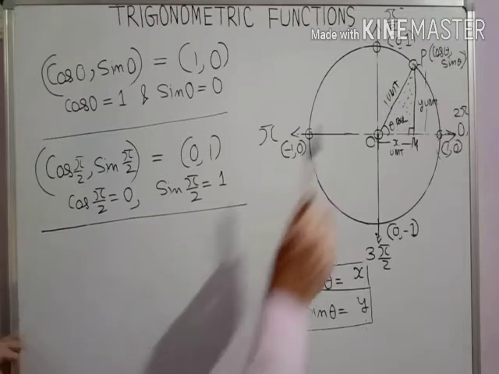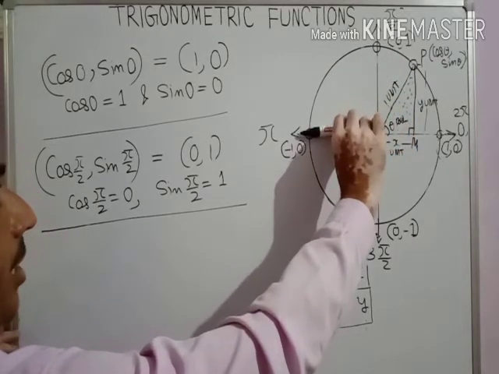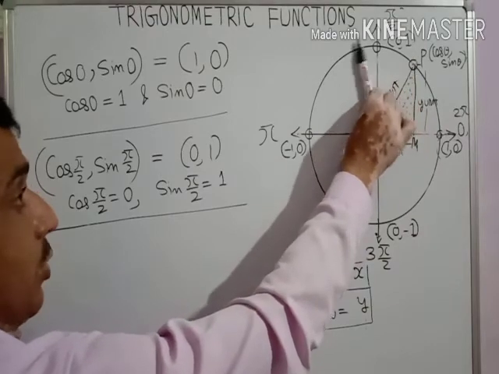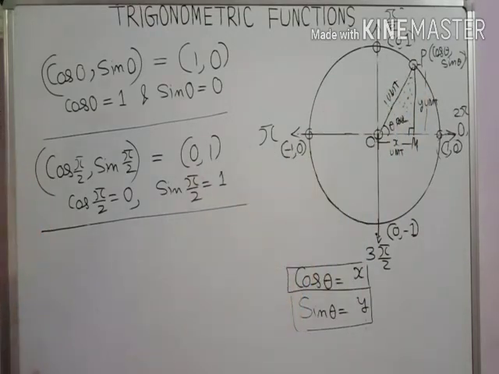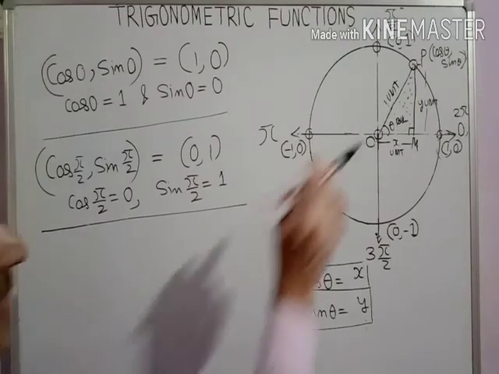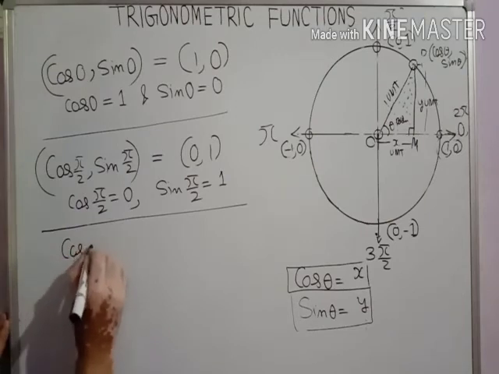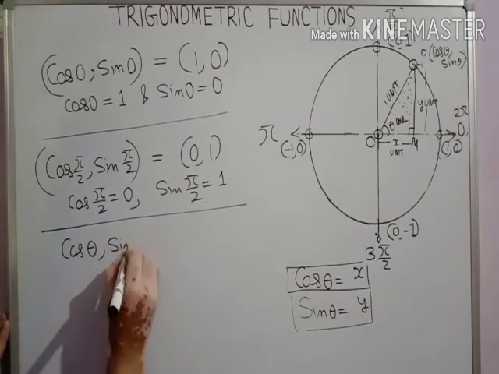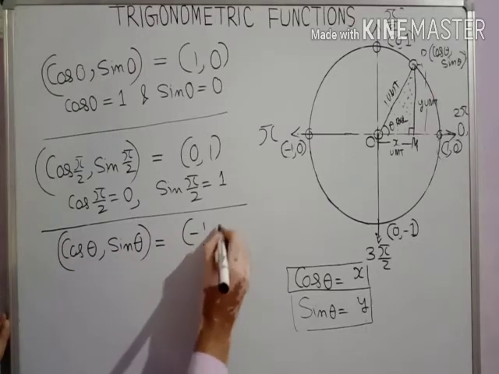So let us move after pi by 2 now. Suppose that this line is moving toward this side and it reaches here. I mean this line overlaps this line, this P point and this point coincide. What happens when this point and this point coincide? I mean cos theta comma sin theta equals -1, 0.